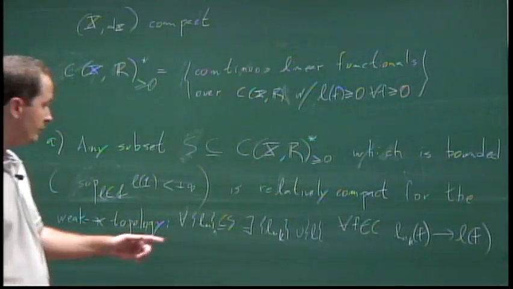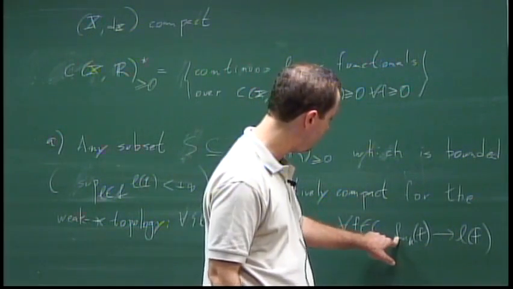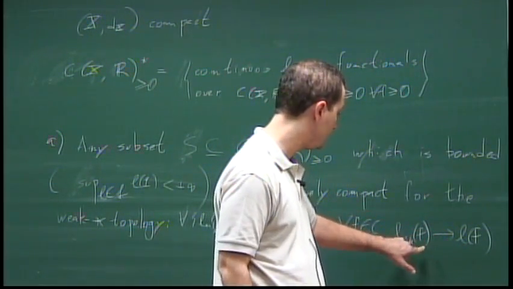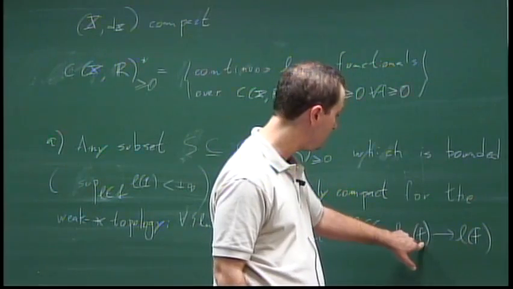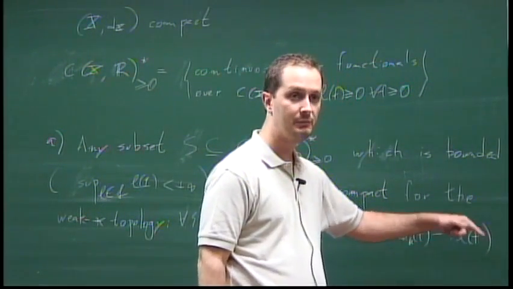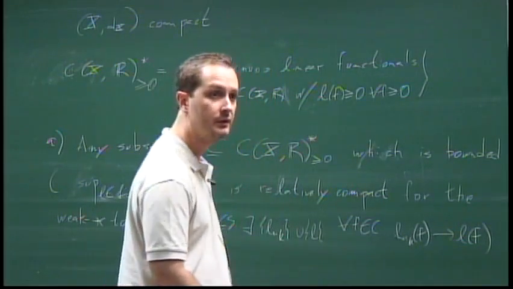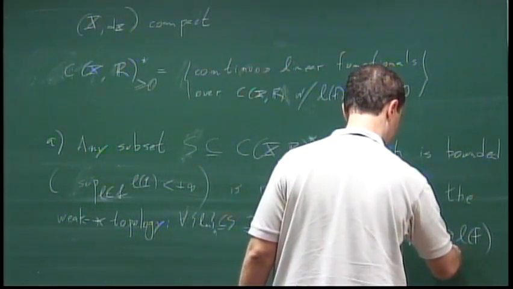Right, so weak star convergence means that a sequence of linear functionals converges to L in this weak star sense if this sequence applied to a fixed function converges to L applied to that fixed function, for all functions.